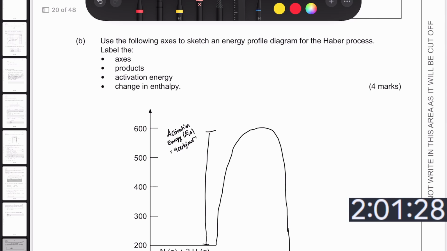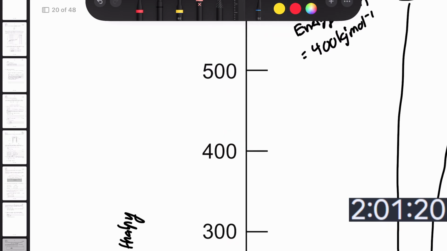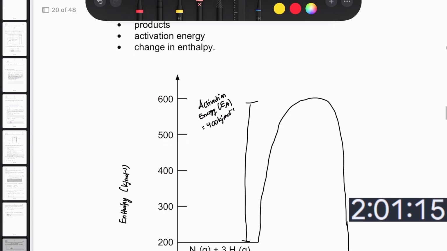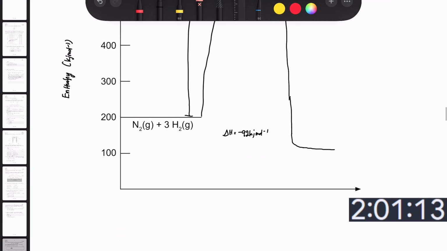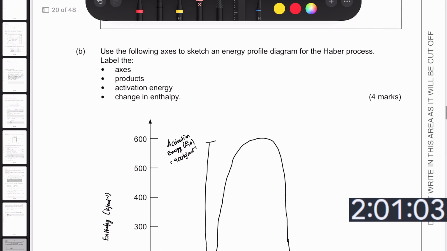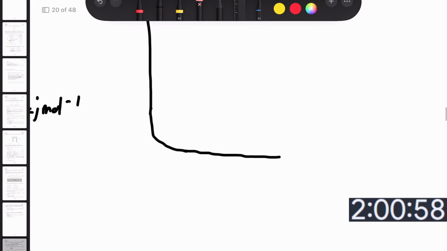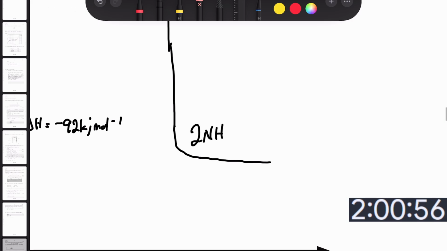I need the axes. So this can be my enthalpy, and this would be in kilojoules per mole. And then along the bottom is going to be progression of reaction. And then I'm going to need my products, which is going to be just 2NH3 gaseous.